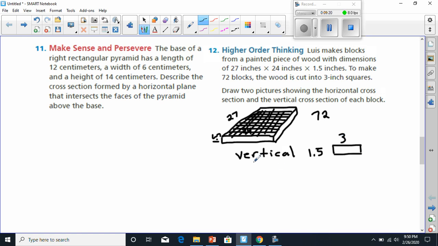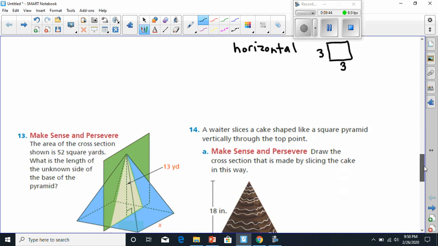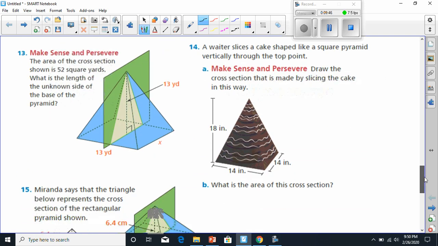Okay, and the horizontal view, since we're cutting it 3 by 3, that's going to be a perfect square. There's 3 by 3. And I think I'm ready for number 14 now.